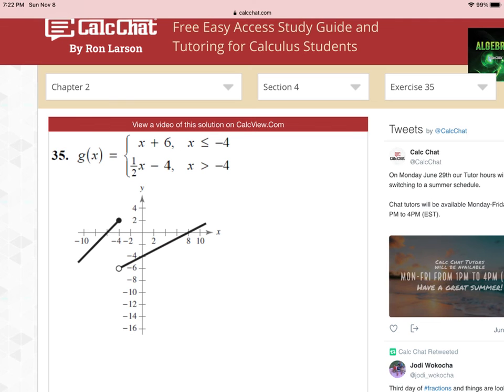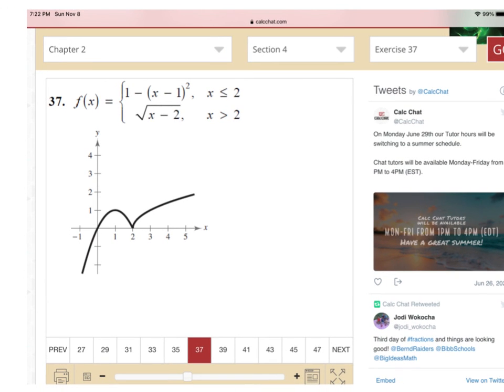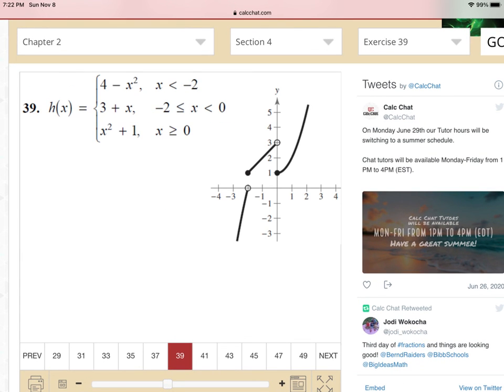And then I also put here, these are the screenshots of the answers for the homework from CalcChat. So this is their official worked out answer for number 35. Here is number 37, and here is number 39. So again, don't forget, you always have access to CalcChat, and you can also see the problems worked out. So that is it for the homework for 2.4.